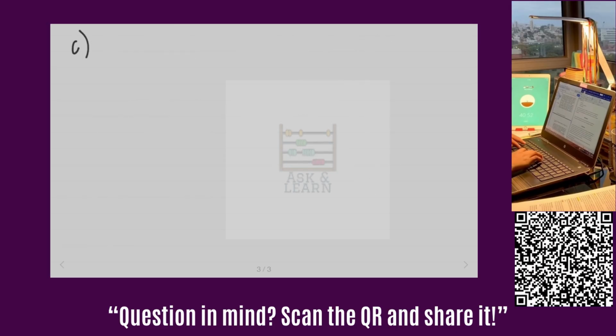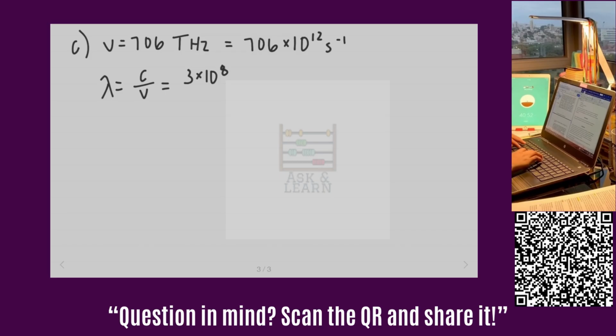And then the last part, part C, we're given our V is 706 terahertz. So that is equal to 706 times 10 to the 12th hertz. And those hertz are also the same as inverse seconds. So we're going to use the equation that wavelength is equal to C over V, where C is 3 times 10 to the 8th.